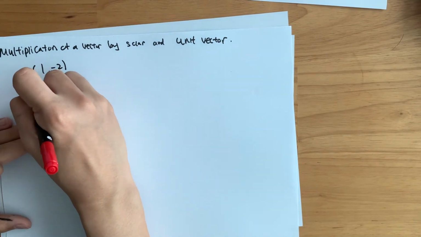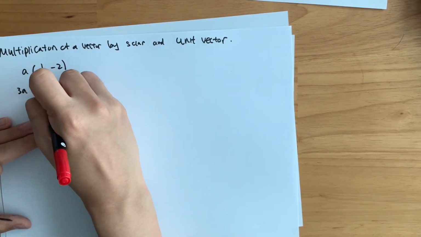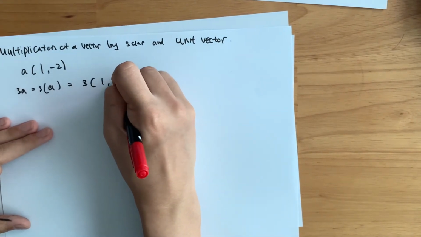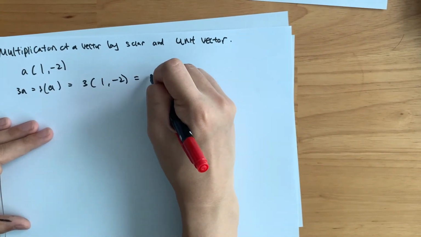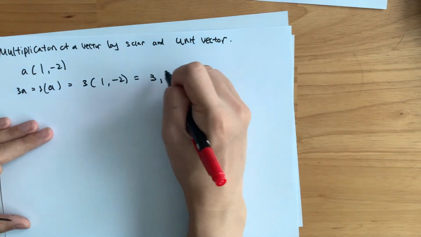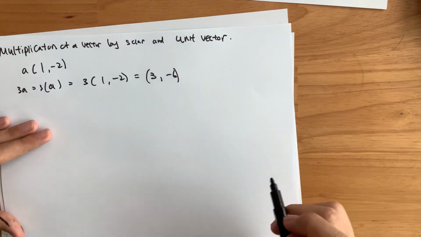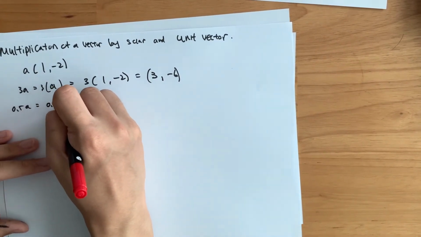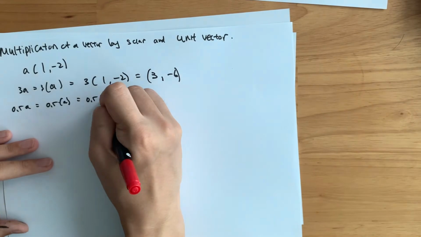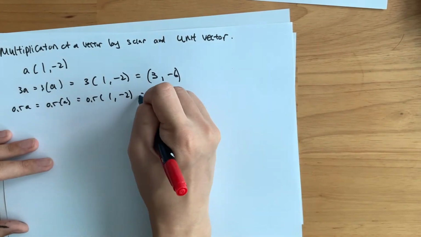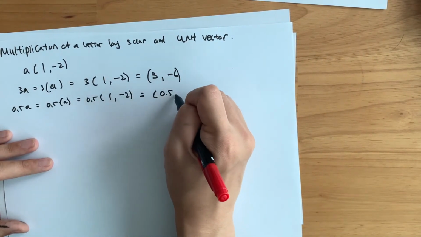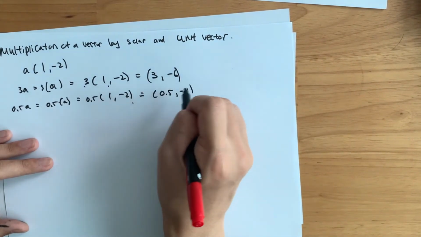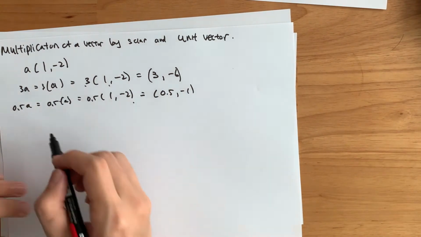Then 3a will be a multiplied by 3, so 3 times 1, negative 2, which is 3 and negative 6, right? And 0.5a is 0.5 times 1 and negative 2, so this one comes out to be 0.5, negative 1. You just multiply each side. You multiply the vector. And I want to talk about unit vector.